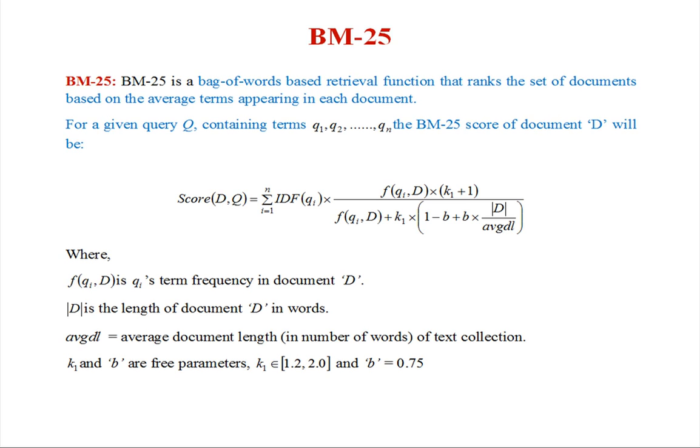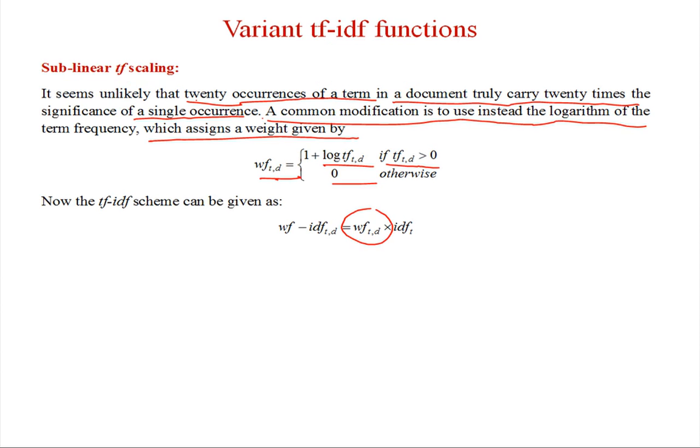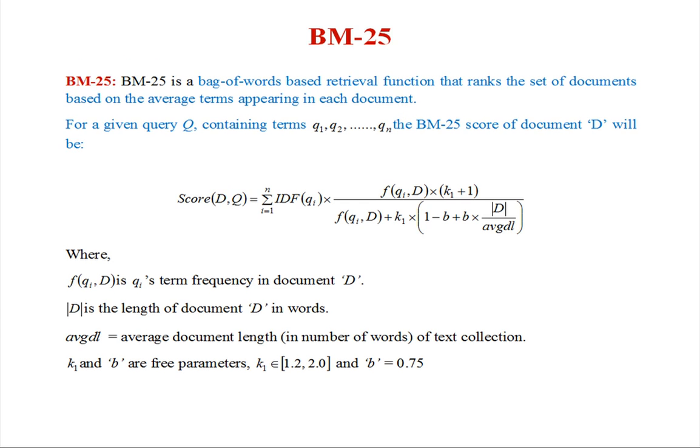Now BM25. BM25 is generally used to rank documents on the basis of some query terms. In the earlier TF-IDF based system, we generally use the TF-IDF value to identify the importance of a word in the document. But now, suppose you are going to fire a query with some keyword or some set of words, like text mining.